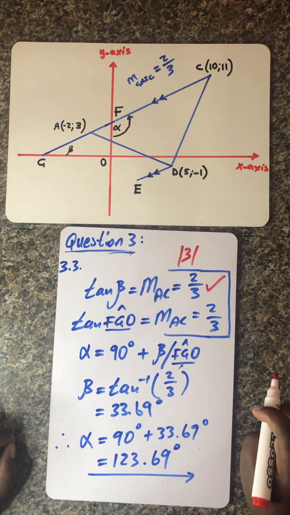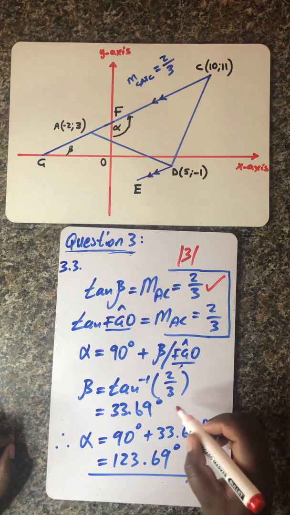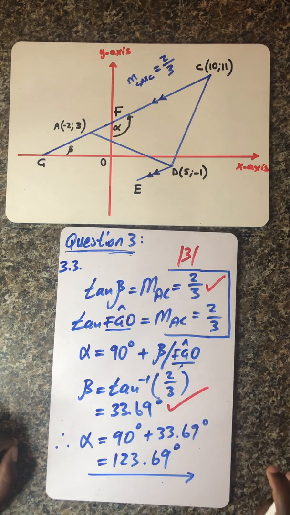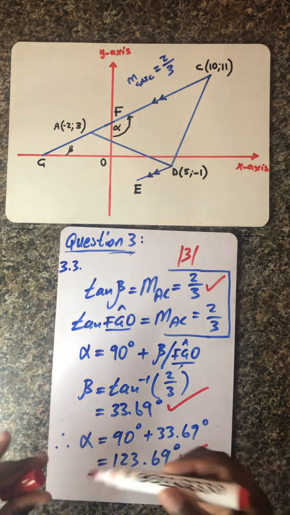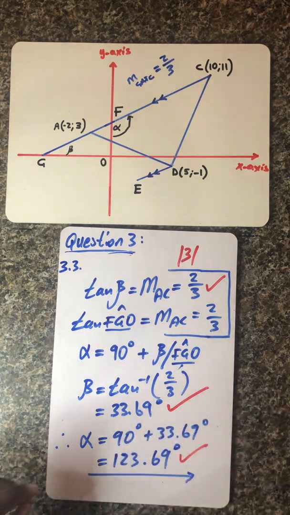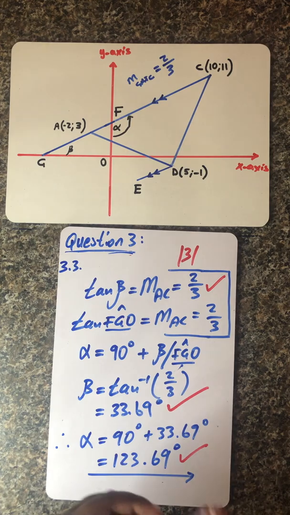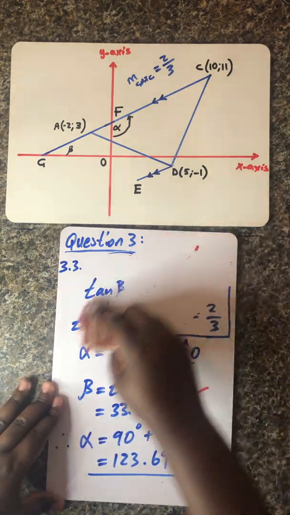Okay, very important, ladies and gentlemen. They give you a mark for getting the correct answer as part of your first angle. So now, obviously, your last mark will come from your final correct answer. Okay, so guys, this is how you solve question 3.3.